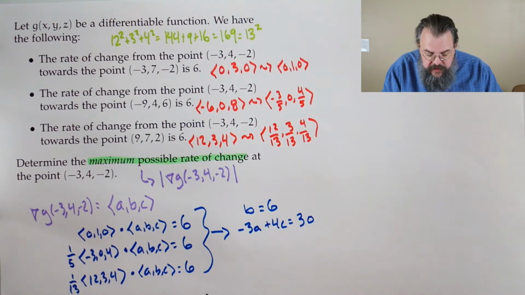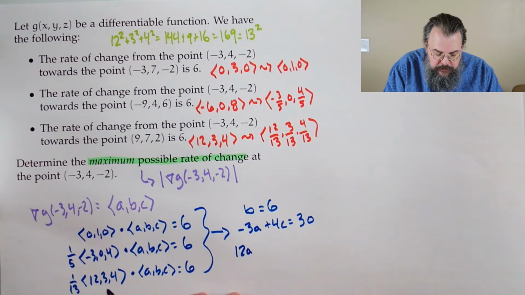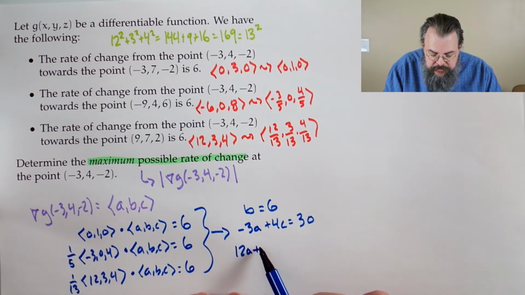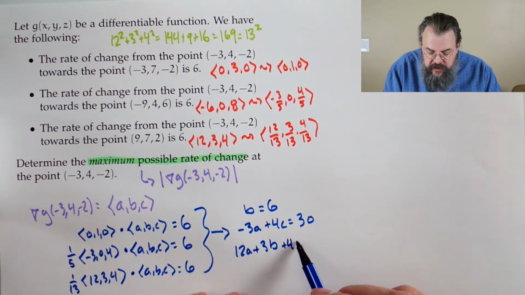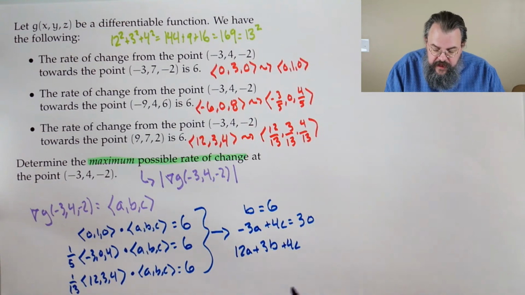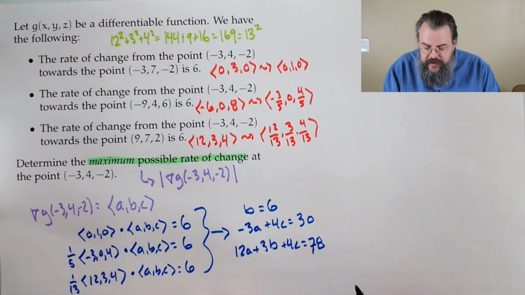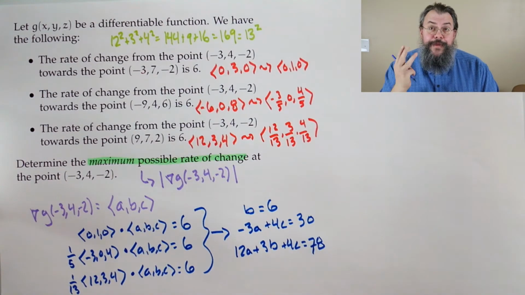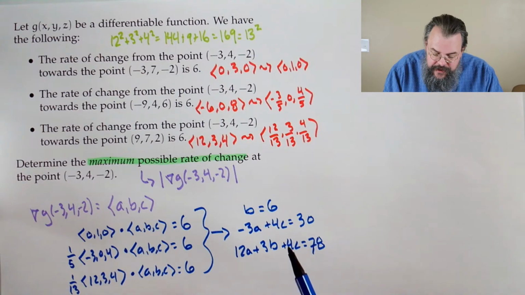We'll do the 13 across. So let's see, 12a plus 3b plus 4c, okay, that's our dot product going on, equals 6 times 13, 78. All right, good. Well, 3 equations, 3 unknowns. But like we said, we already had one, and we can use that, right?